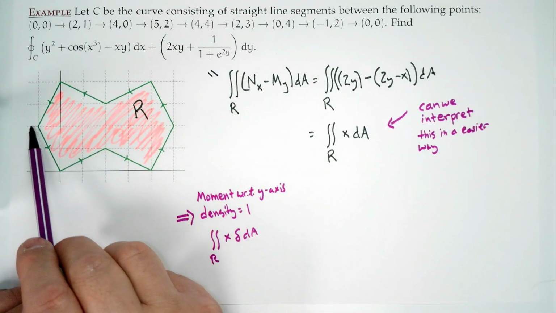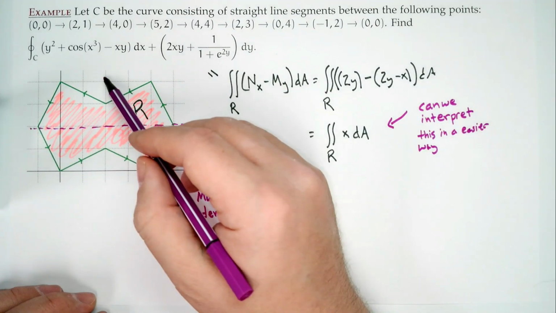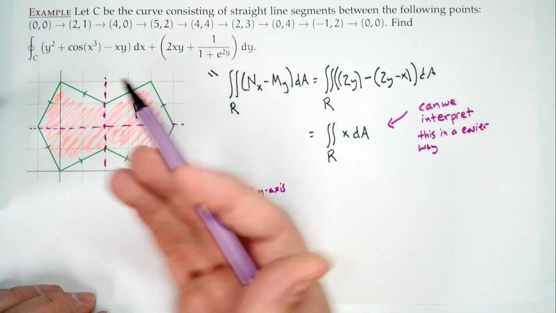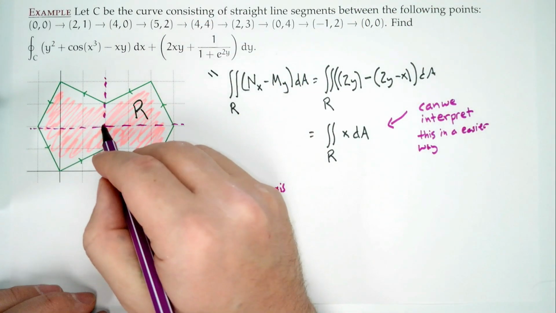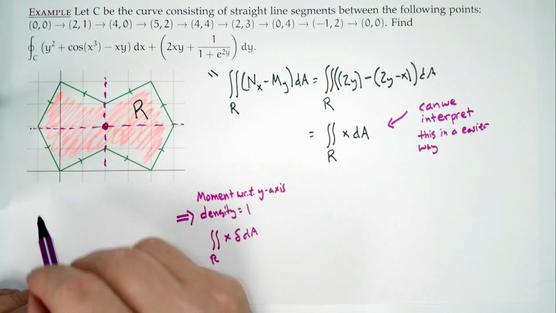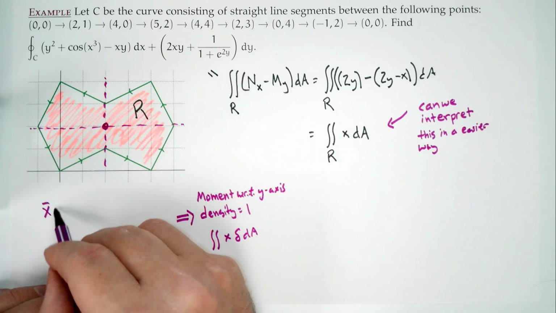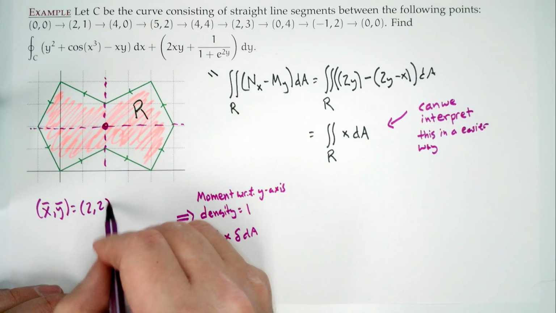You see there's two types of symmetry: there's this symmetry here, and there's this symmetry here. In other words, you can fold it, or you can fold it. Which means that is the center of mass. So we get that x bar, y bar is at 2, 2.